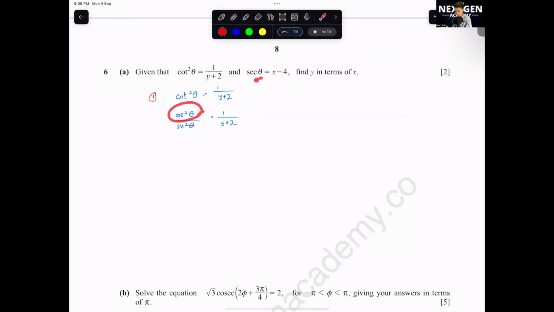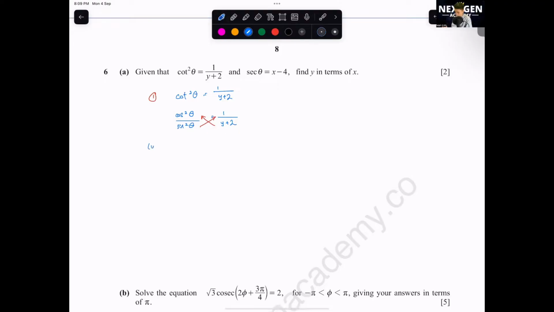Maybe I can sub into here, but we see whether we can simplify this also. Sine squared theta, I can change it to 1 minus cos squared theta, because I don't want the sine to appear. I just want everything in cos since I have cos given in the question already. So what I'll do first, first multiply this.